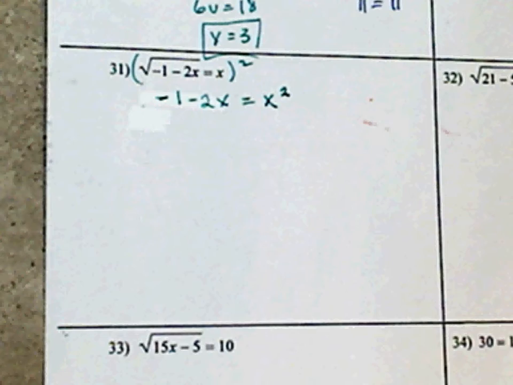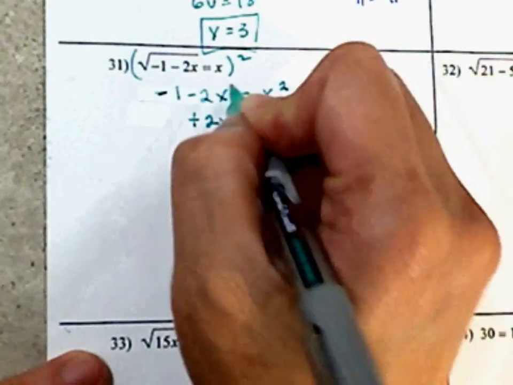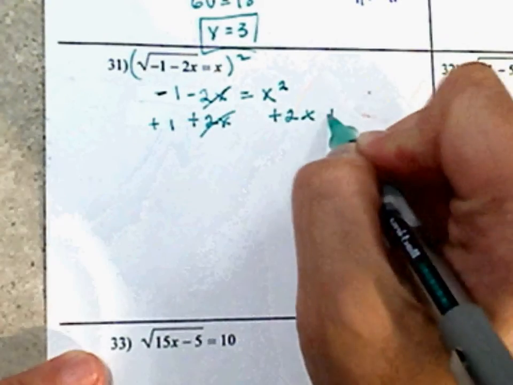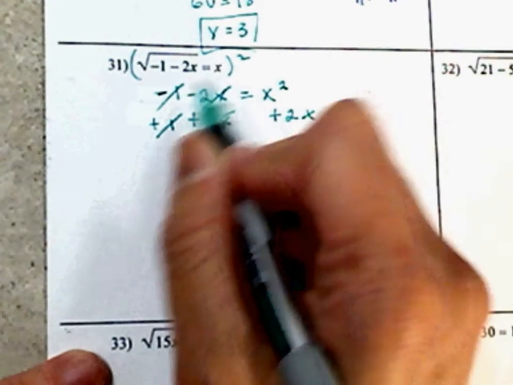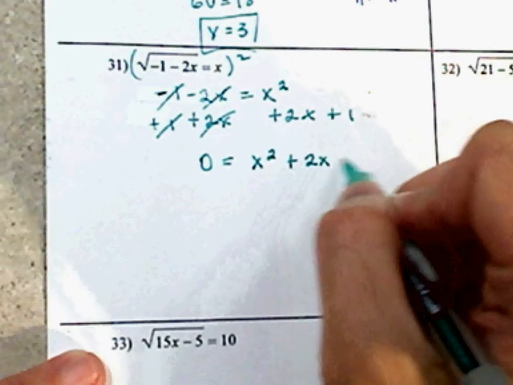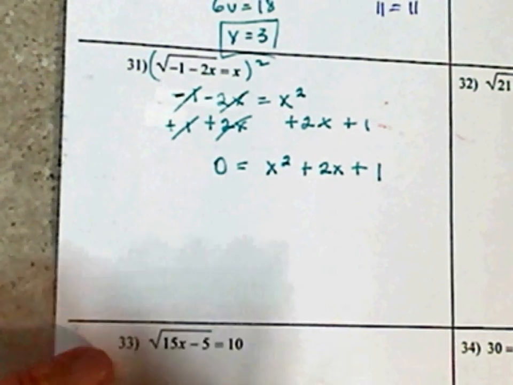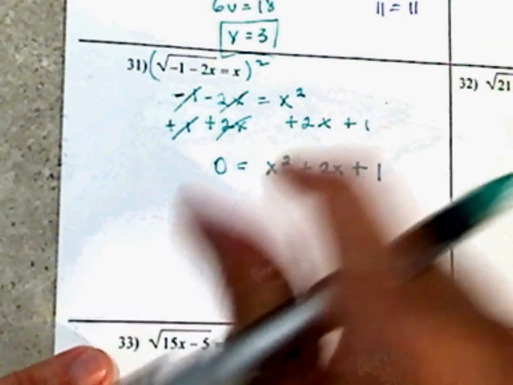There you go, having a quadratic again. So move it around. Plus 2x, plus 2x, plus 1, plus 1. Guess what you have over here? 0 equals x squared plus 2x plus 1. 3 terms, 1, 2, 3, a quadratic. We're going to factor.